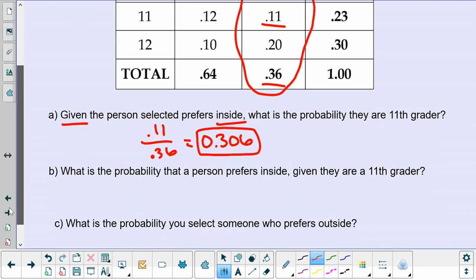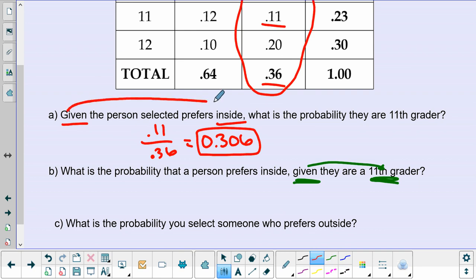Okay, so let's take a look at B. What is the probability that a person prefers inside given that they are an 11th grader? Ooh. So check this out. It looks like it's the same thing as part A, but your given condition is different. In part A, your given condition was that they prefer inside. In part B, your given condition was that they were an 11th grader.